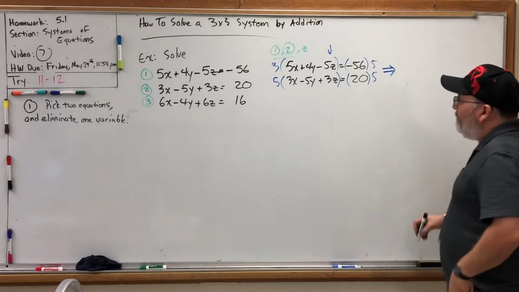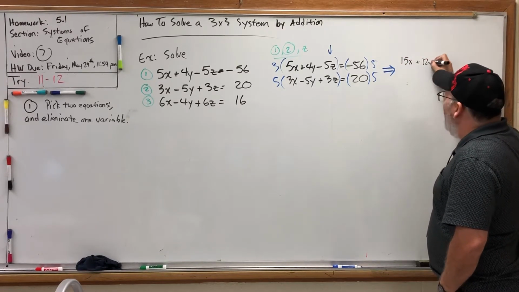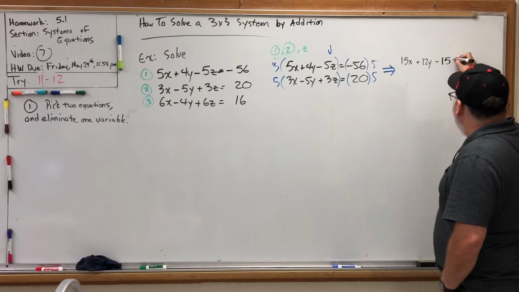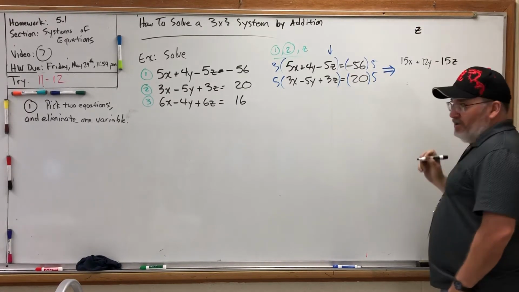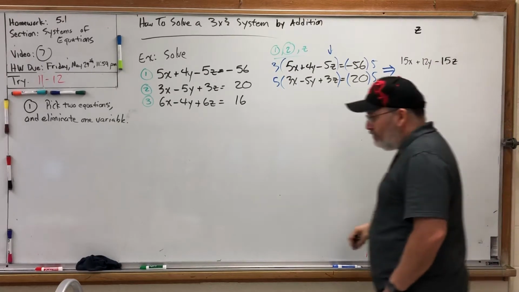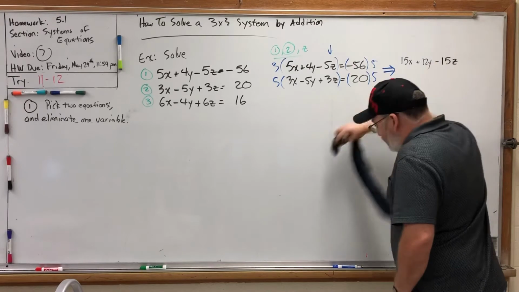If I triple the top equation, I'll get 15x plus 12y minus 15z. I haven't had the chance to tell you guys this, but when I write my z's, I put a line through them so you know that they're not the number 2. There are some classes where z shows up a lot. This just wasn't one of them.